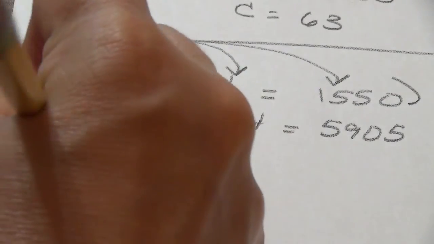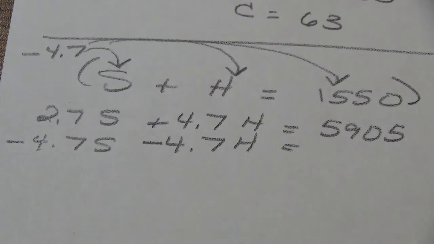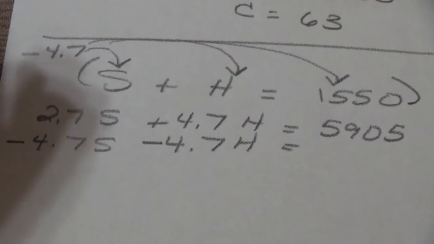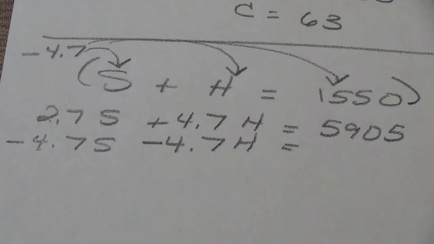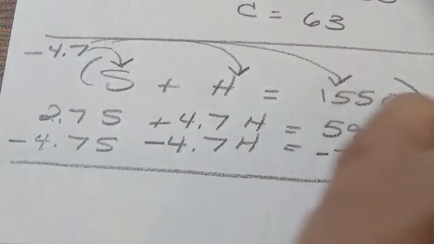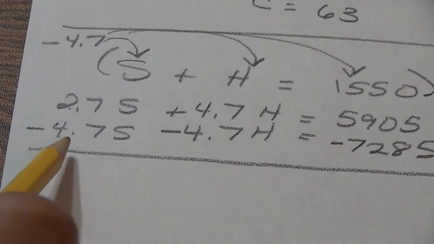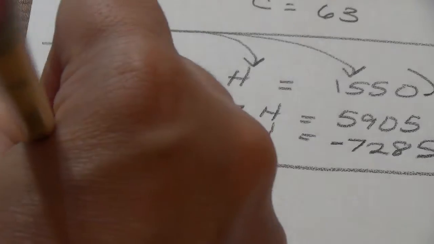So I'm going to get negative 4.7S, negative 4.7H, and then I'm going to take that negative 4.7 times my 1,550. So if I multiply that out, I get negative 7,285. When I add those together then, I'm going to take 2.7 minus 4.7, which would give me negative 2.0S.